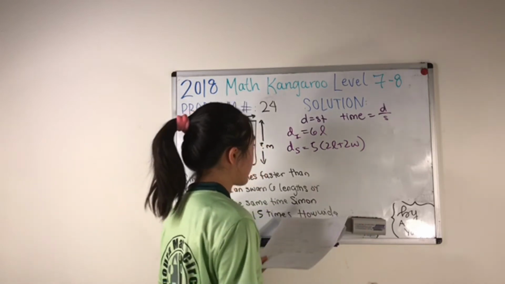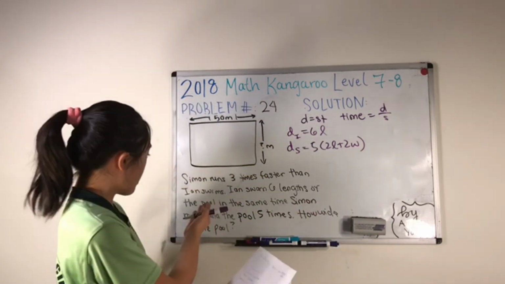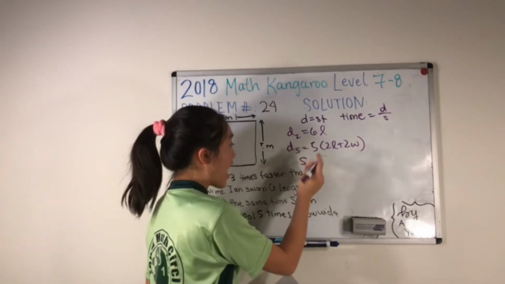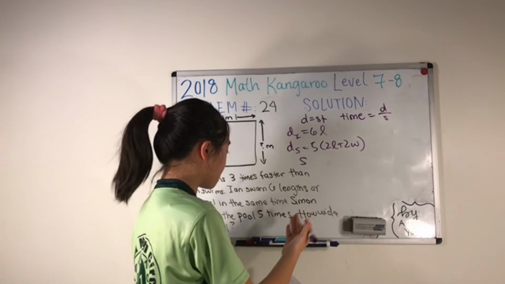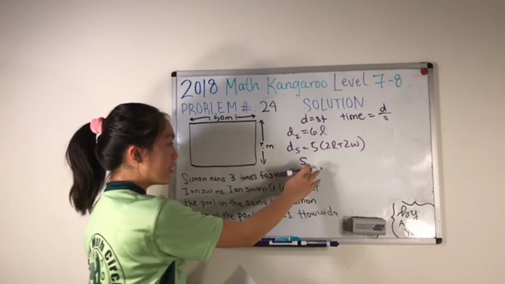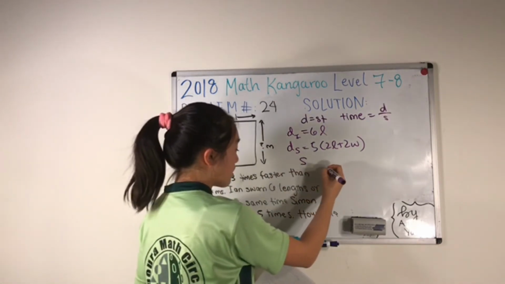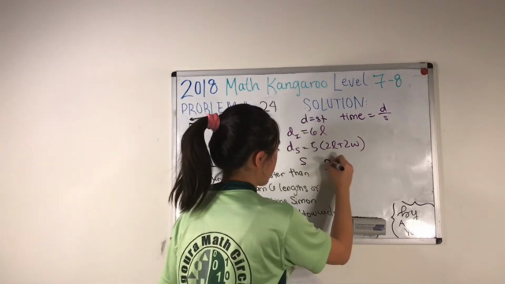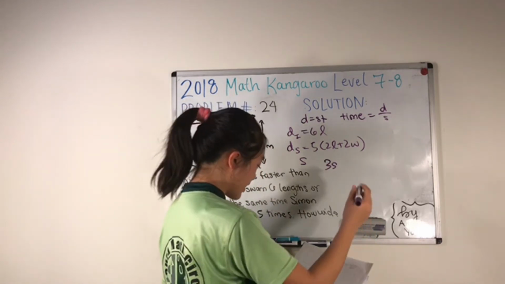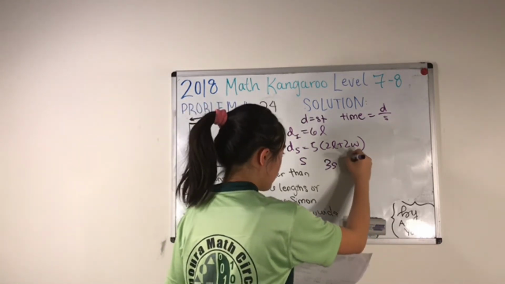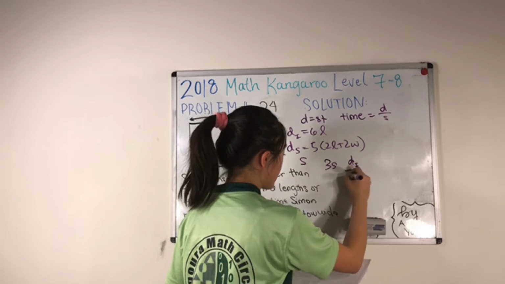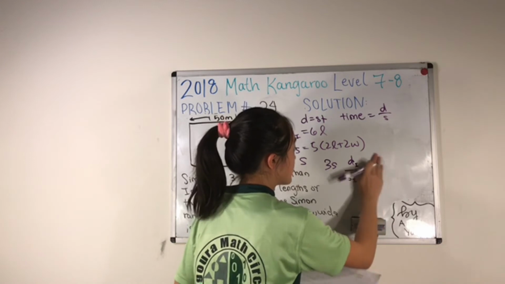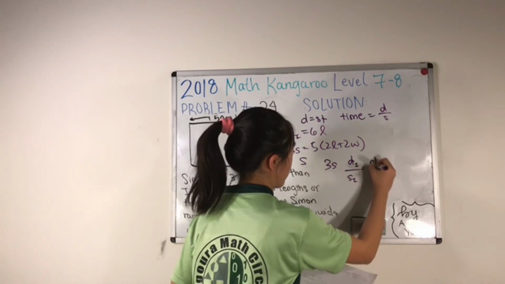And now let's do the speed. We know that Simon is 3 times faster than Ian. So let S be Ian's speed. So we know Ian's speed is just S, but Simon's speed, based on the units of Ian's speed, is 3S. So now if we put this into an equation, we get the distance of Ian over Ian's speed is equal to Simon's distance over Simon's speed.